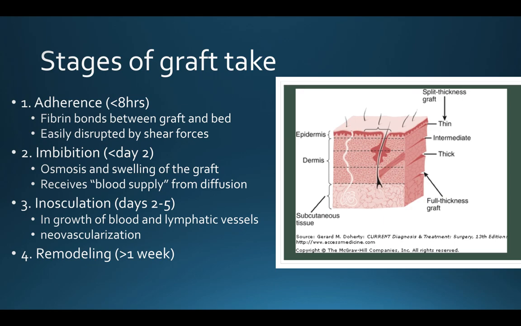From days 2 to 5 is when inosculation starts, which is technically new blood vessels growing into and almost like anastomosing to the blood vessels that were already present in the wound, which is debated as to whether this actually happens or if there's just neovascularization, or new blood vessels are made. But it's a combination of inosculation and neovascularization, and then remodeling following that.